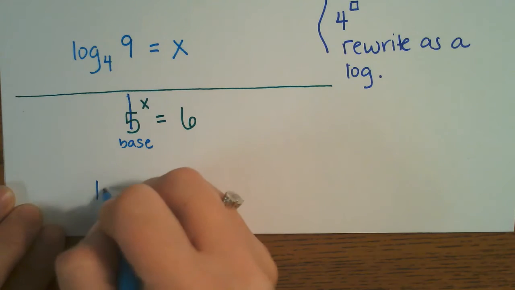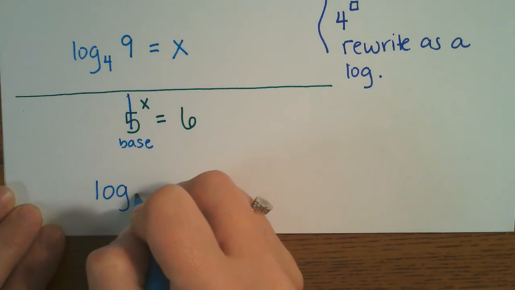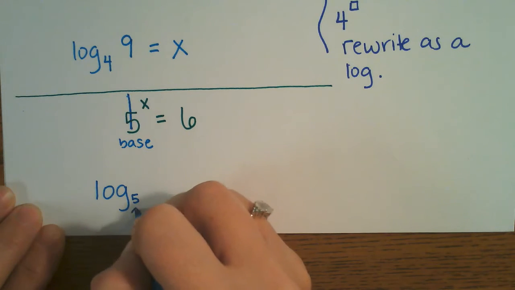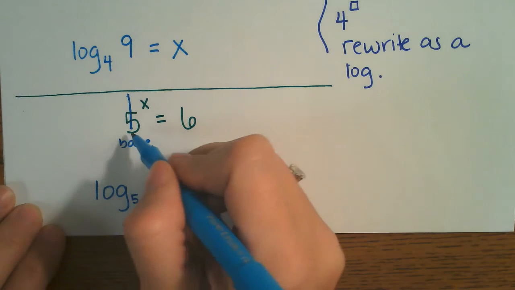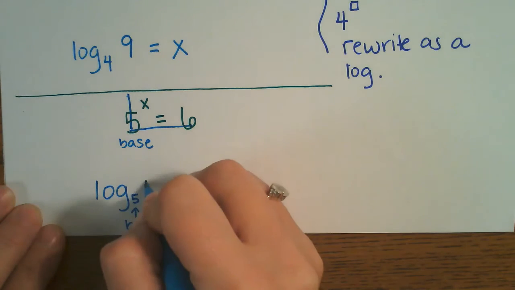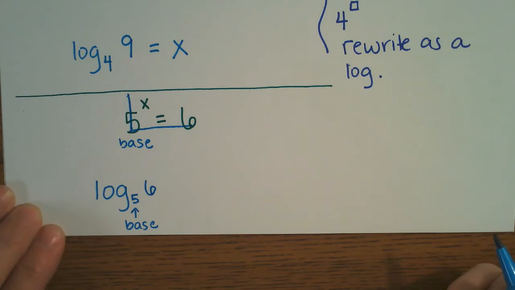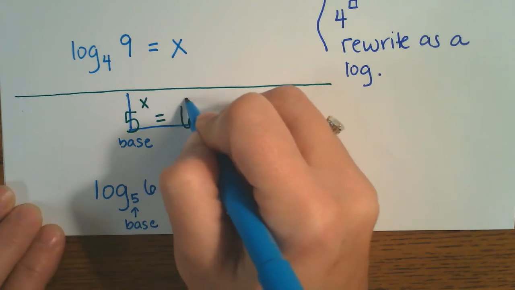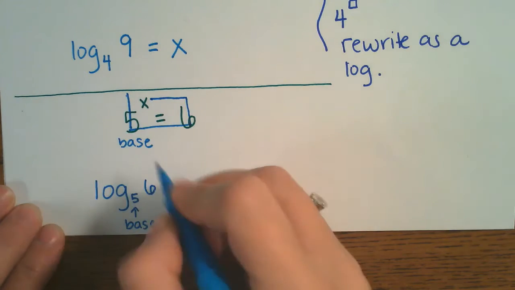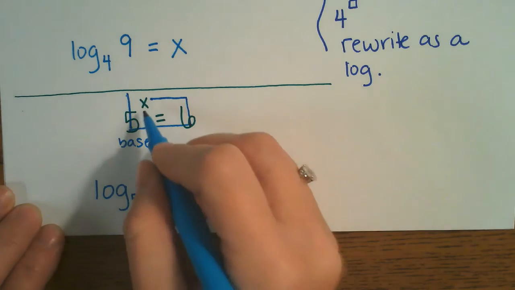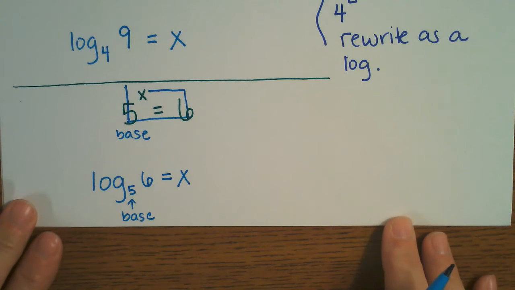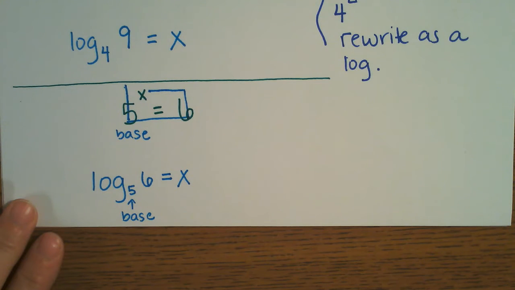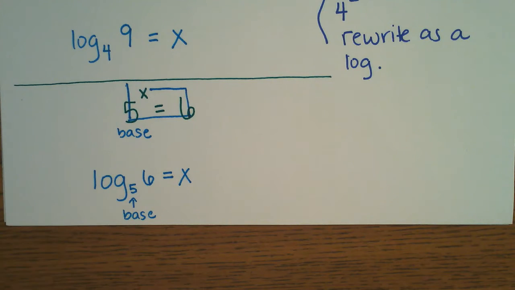That's still the base of my log. Then the next number is going to be 6. And as I travel across the equal sign, I write the equal sign, and the last piece is x. So you're just rewriting the exponential as a logarithm, and I'll show you how to solve this in just a couple minutes.